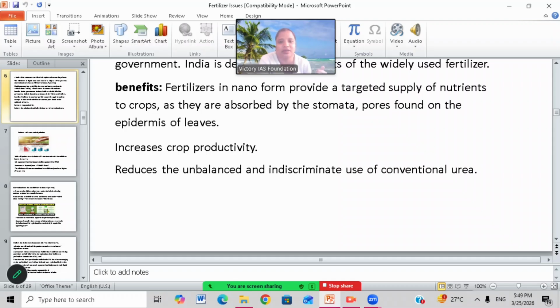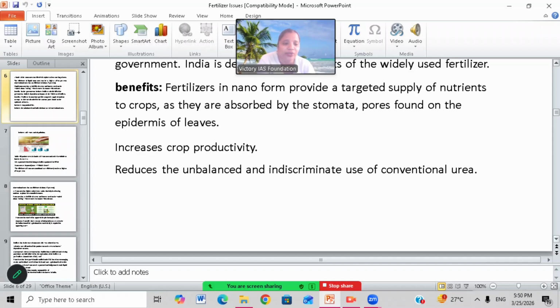But liquid fertilizers they can spray, like chemicals, pesticides. They can spray on the plant, so that the plant can absorb it easily compared to solid fertilizer. And this increases the crop productivity. As a plant is able to eat so much food, it can give good results. That's why the crop productivity will increase.